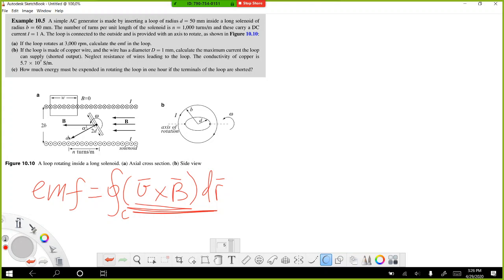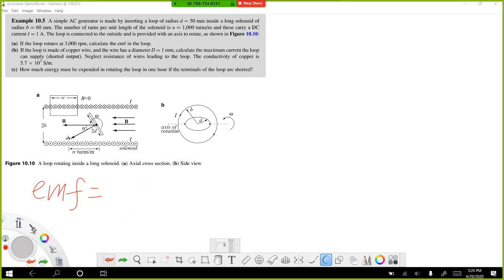I think it will be a bit difficult. Anyway, if we use any approach, we will get the same result. That's why we will use the easier approach, dPhi over dt.